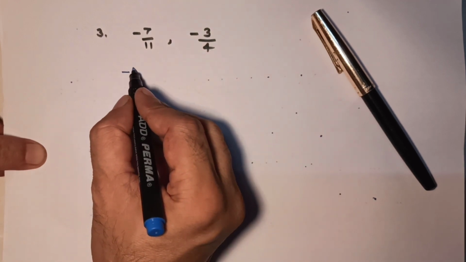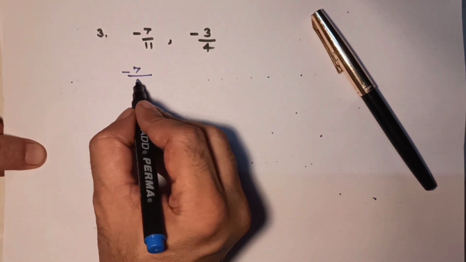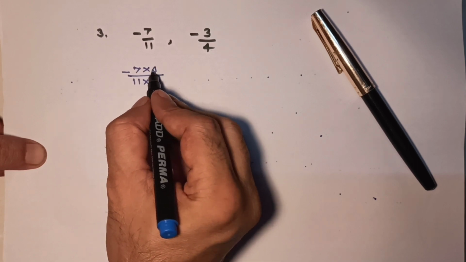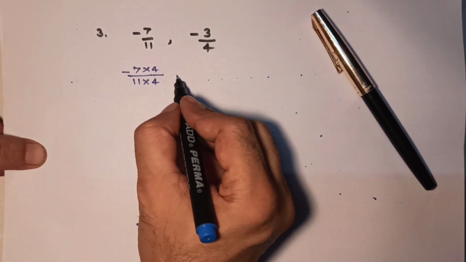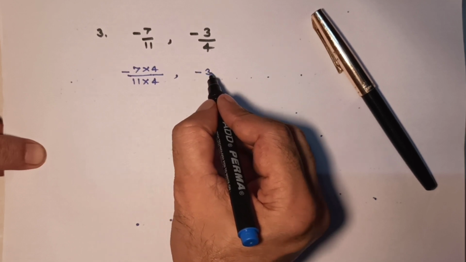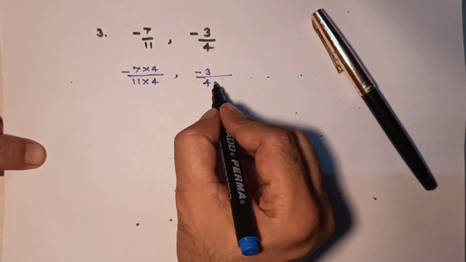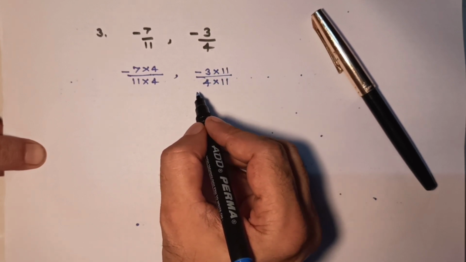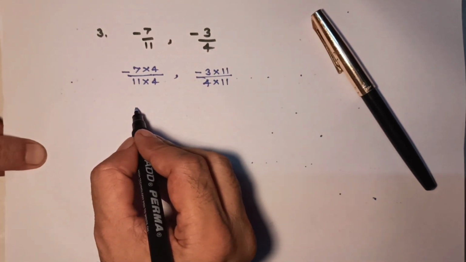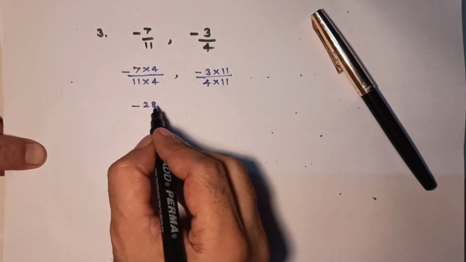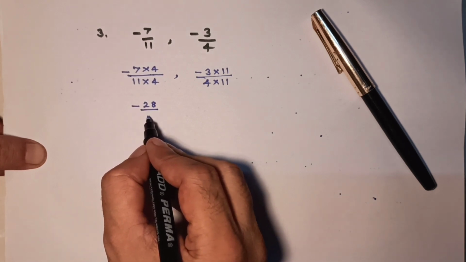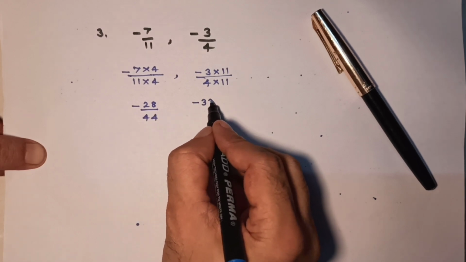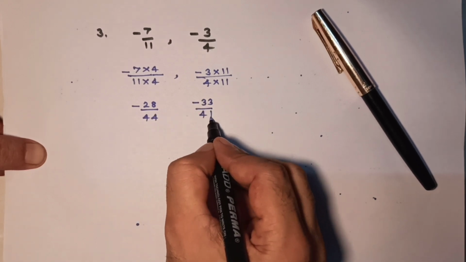So I can say this is minus 7 upon 11, multiply by 4, which is the denominator of the second number, whereas minus 3 upon 4, multiply by 11, which is the denominator of the first number. So you will get minus 28 upon 44, whereas the second one will be minus 33 upon 44.